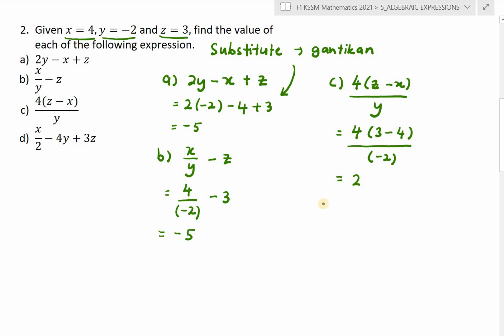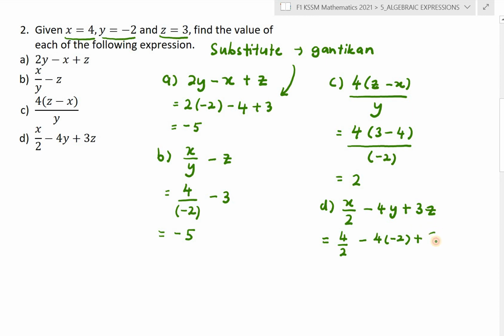Okay, and then let's look at D. We have X over 2, minus 4Y, plus 3Z. X is equal to 4, so 4 over 2, minus 4 times negative 2, plus 3 times 3, where Z is equal to 3.